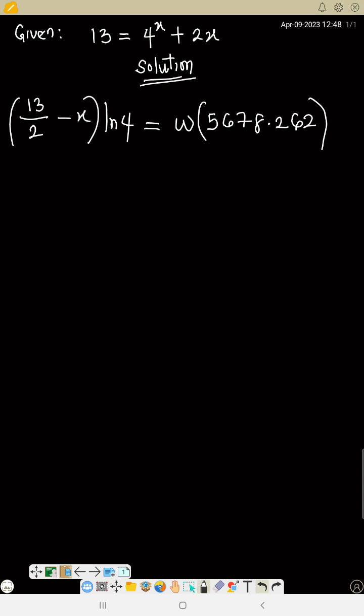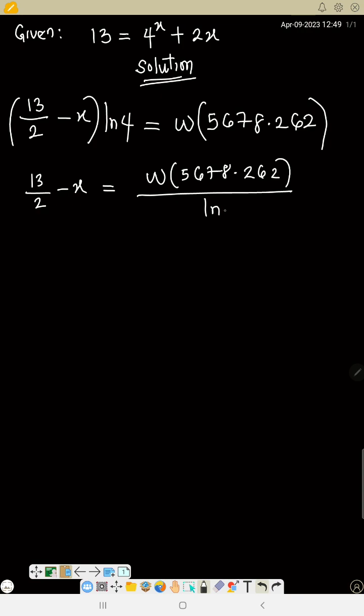So now this is the same thing as pressing the W. Remember, this is 13 over 2 minus s, which will be equal to W of 5678.262 divided by ln 4.